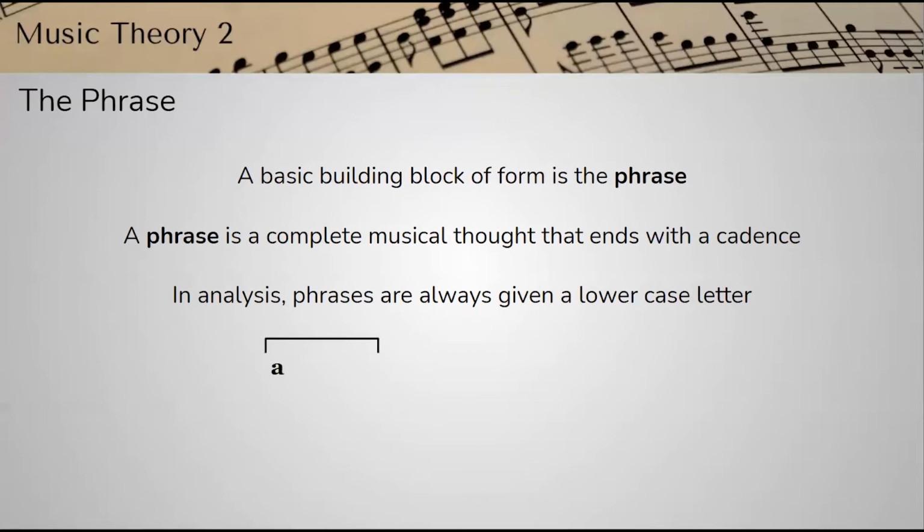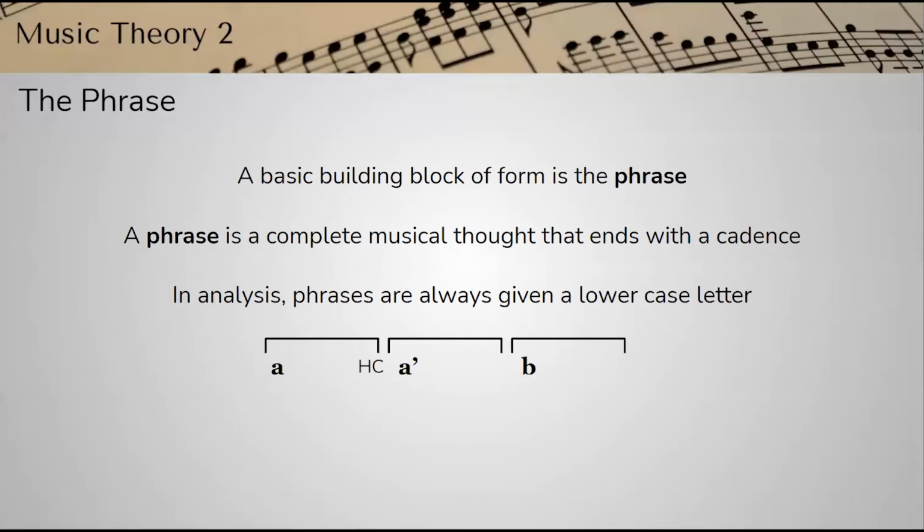And the bracket shows you the length of the form. And sometimes you'll see measure numbers to show you where that phrase starts and where that ends, but we'll deal with that later. And then here, this is showing you it's another phrase, but it is somehow related to that first phrase, so we call it A prime. And then B would signify that it's a phrase that is in no way related to A or A prime, right? It's a new contrasting idea.